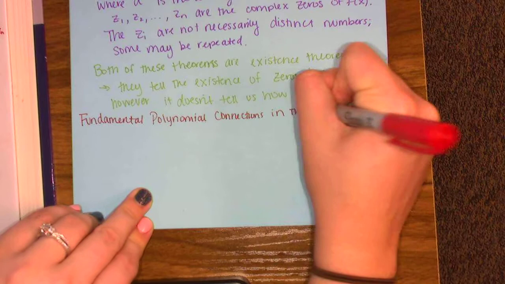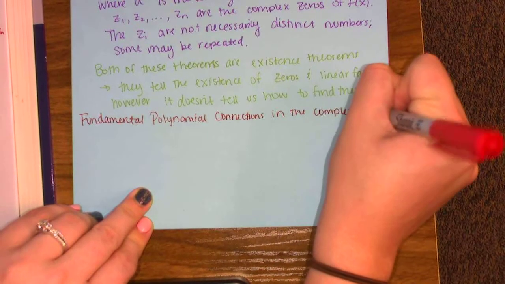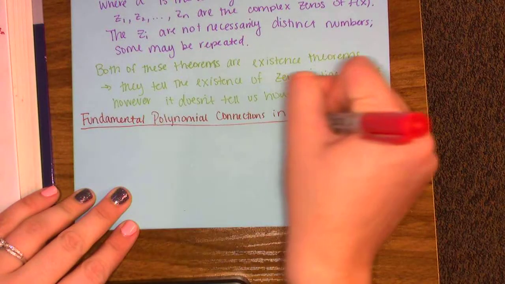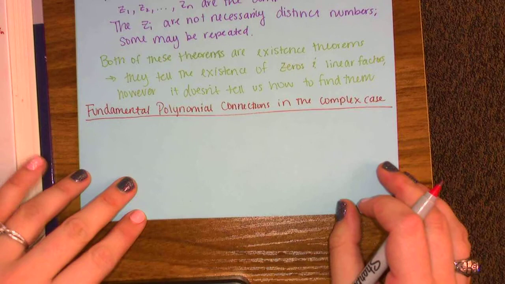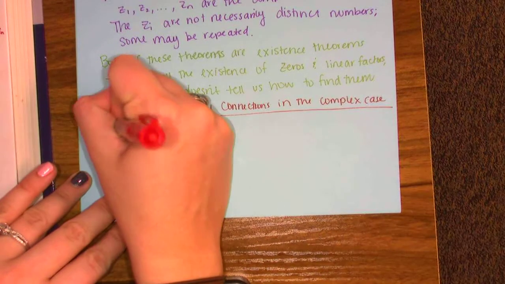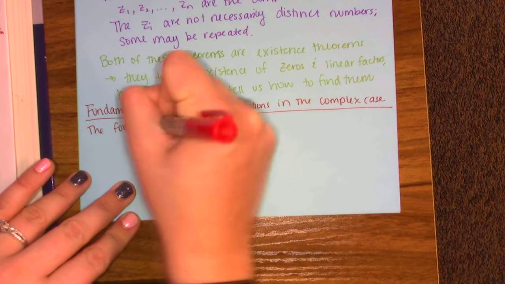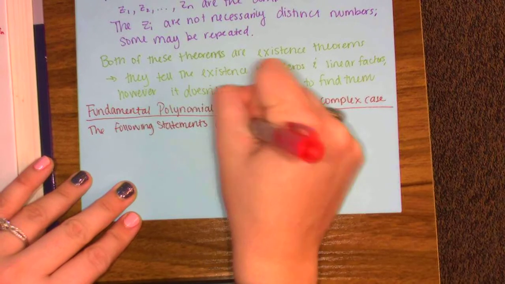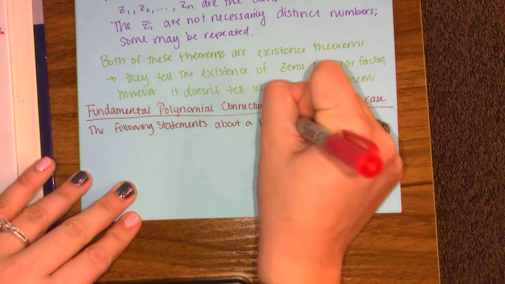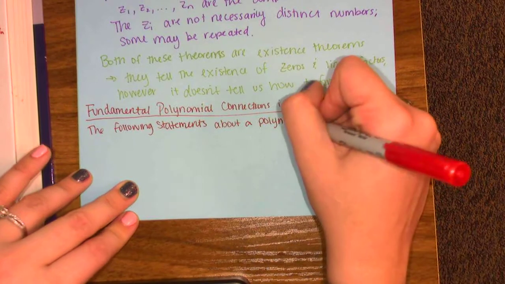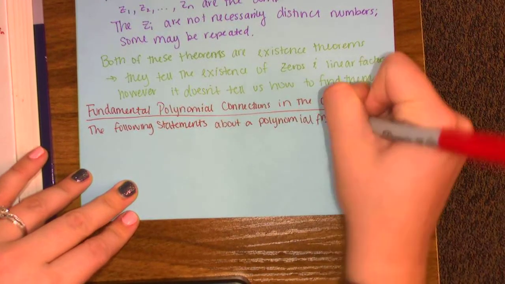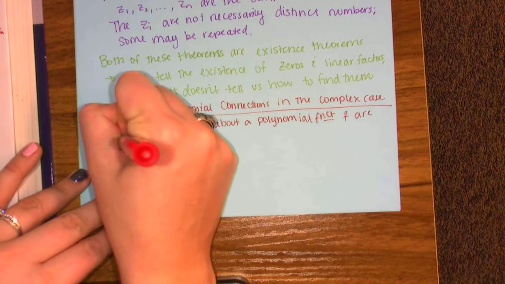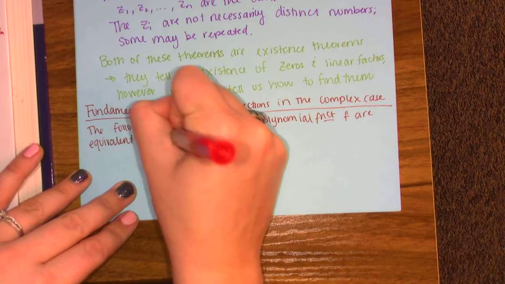In the complex case, the following statements about a polynomial function f are equivalent, if k is a complex number.